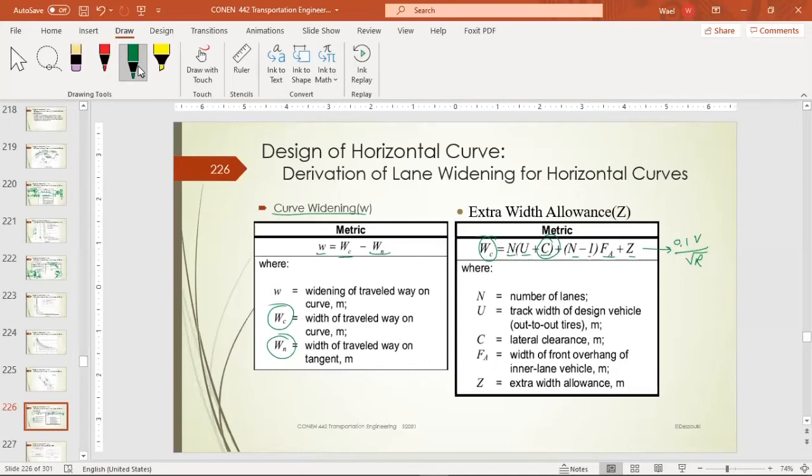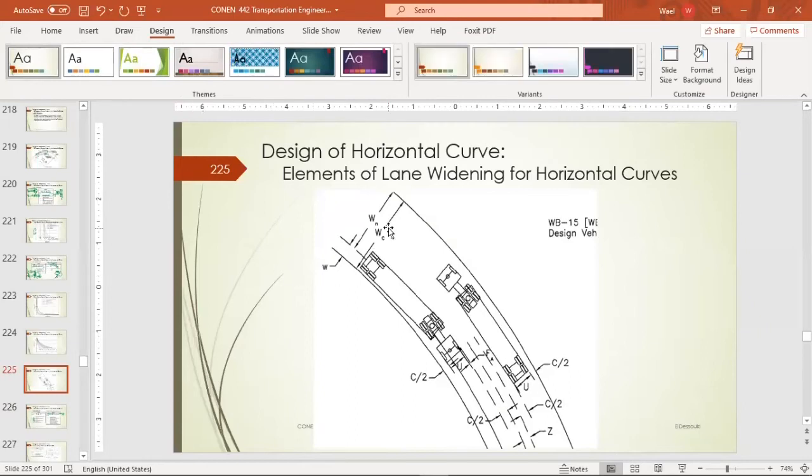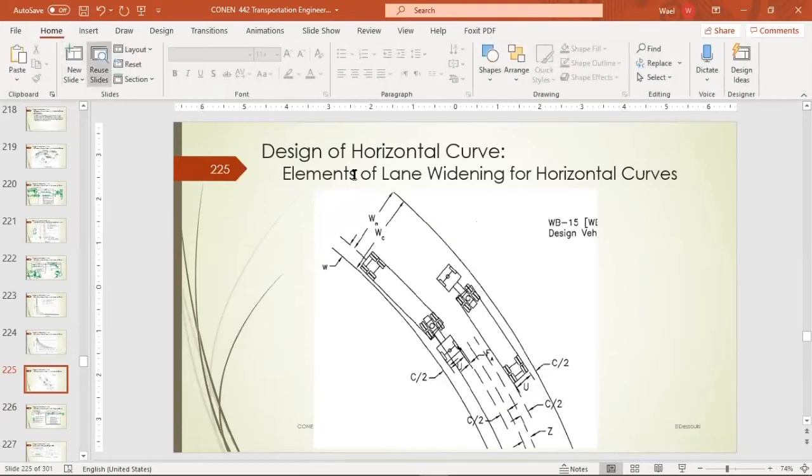C basically is the clearance. Let me just explain it to you in layman's terms. If we have the truck driving this way, and that's the width of the road, that's the lane, and here we have the design vehicle.